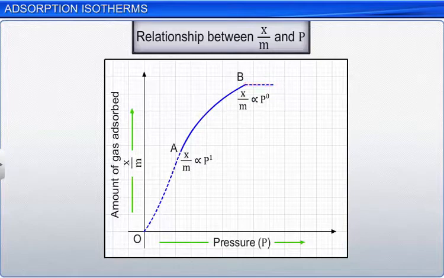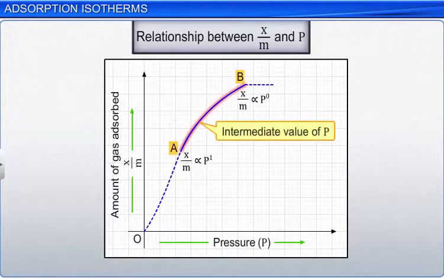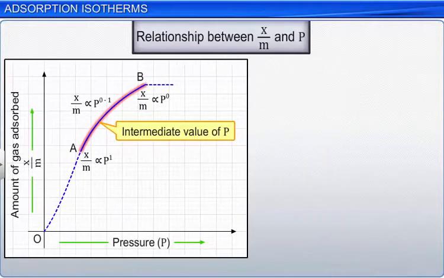Let's now look at part AB of the curve. For this part of the curve, x by m lies between P to the power 0 and P to the power 1. In other words, in the intermediate range of pressure, x by m depends upon P raised to the power of 1 by n, where n is a positive integer.